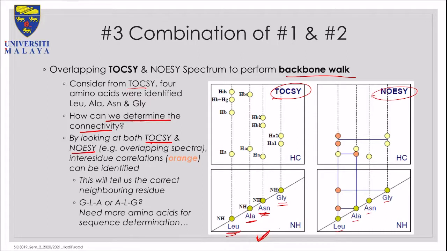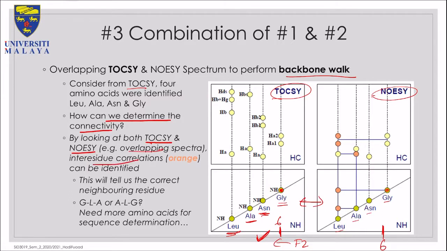But because the F2 peak has a similar chemical shift, say for example the NH for glycine is 6, then you know that the same peak over there is also 6. So that's how you can identify this peak is glycine and that one is also glycine. If you overlap these two spectra together, it will definitely tell you, oh, this is glycine. So that's why I said overlapping spectra.